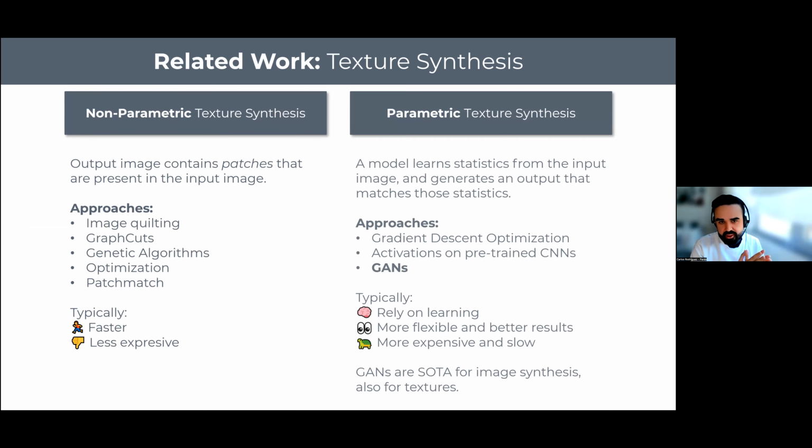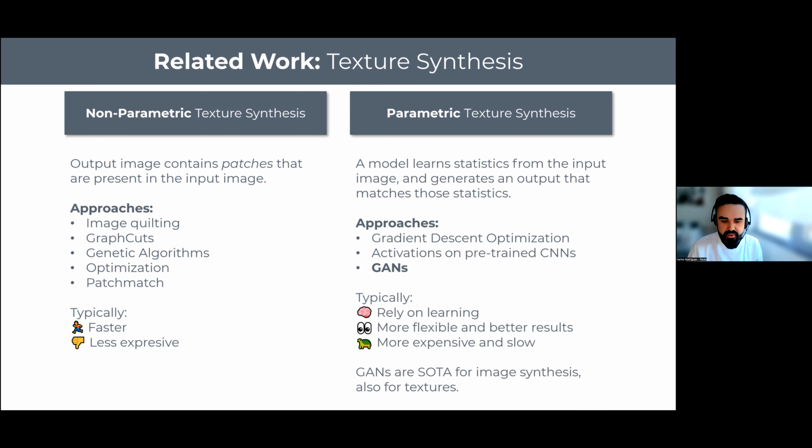On the other side, we have parametric texture synthesis, which is a group of algorithms that learn statistics from the input image, and they create new images that have the same statistics as those they have learned. For those, you have more recent approaches, including gradient descent, optimization using CNNs as your image descriptors, or GANs mostly.